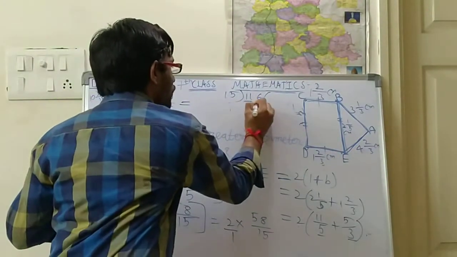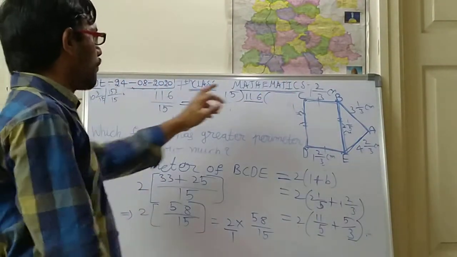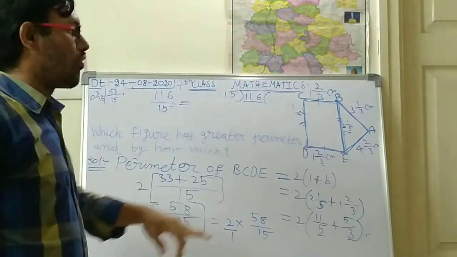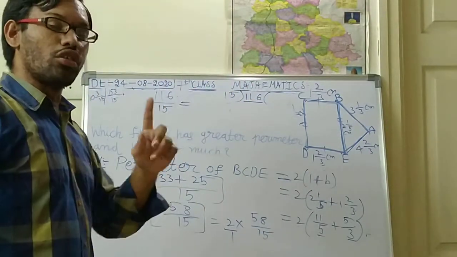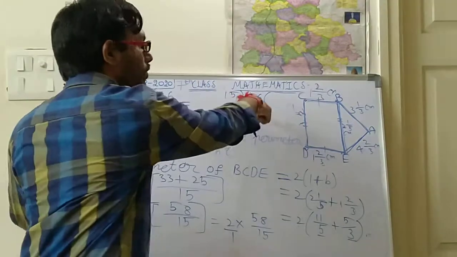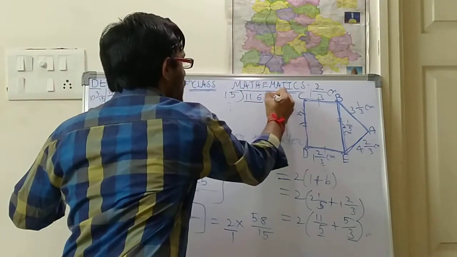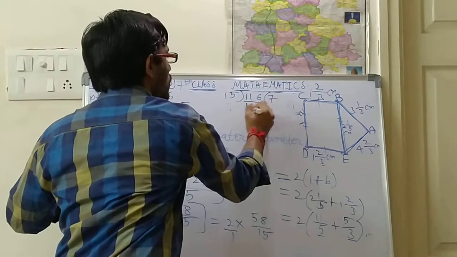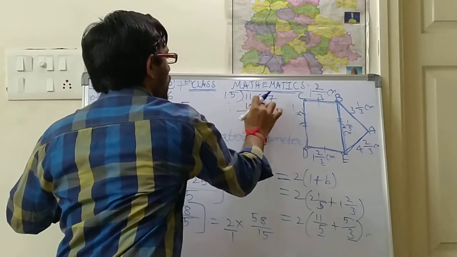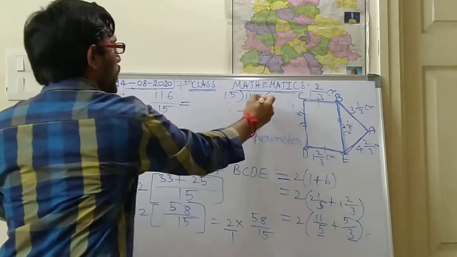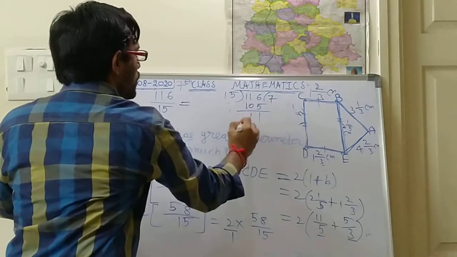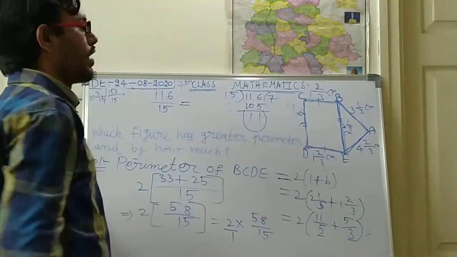So you should take the full number 116. 15 6s are 90. 15 7s are 105. 15 8s are 120, which is more than 116. So you should take 15 7s, which is 105. 116 minus 105: 6 minus 5, 1. 1 minus 0, 1. 1 minus 1, 0. So 11 is the remainder.